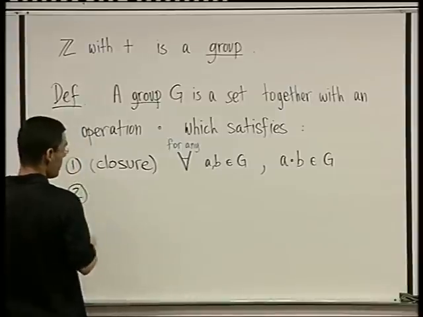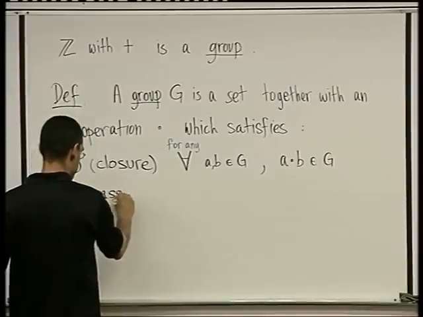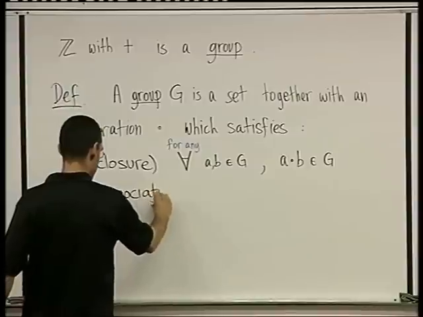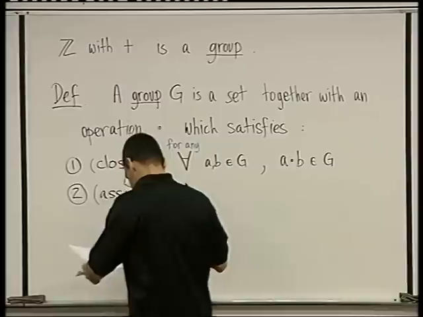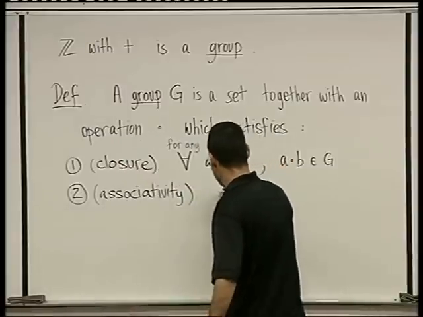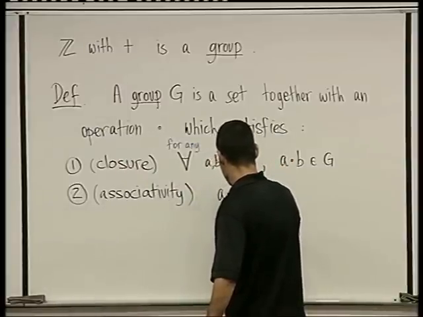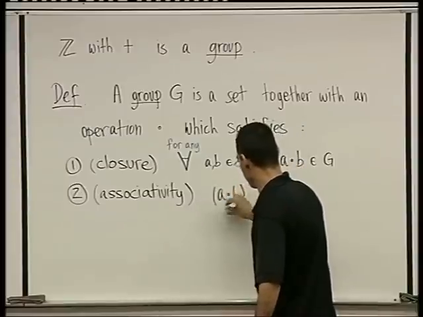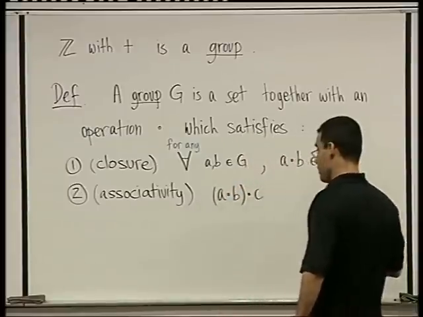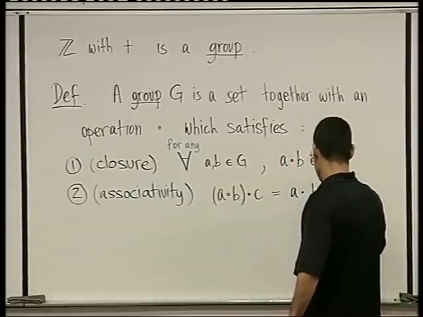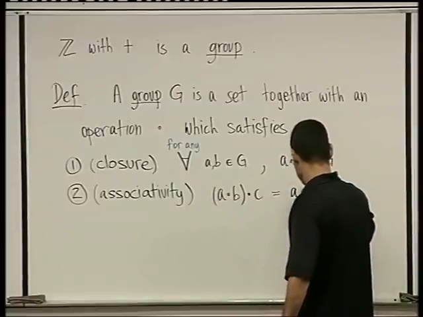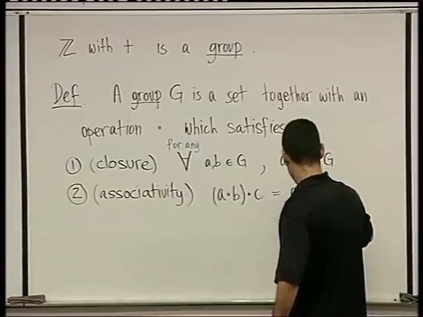Okay. The second property is associativity. Which means that for any three elements, if you operate on the first two and then throw in the third one, it's the same as if you do it the other way. All these are little dots.